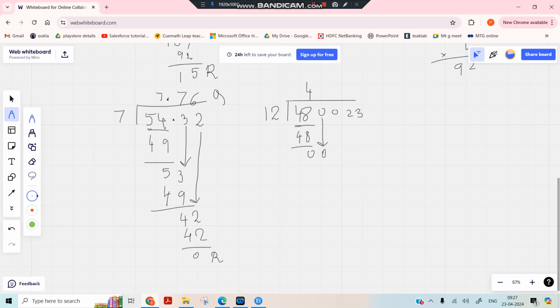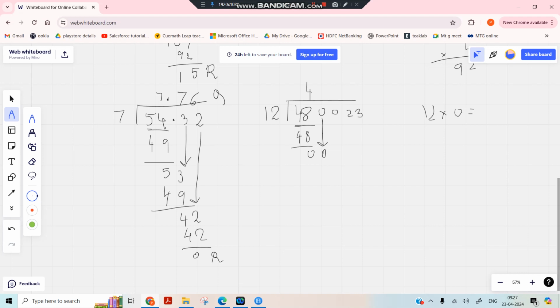I've also seen this mistake amongst many children, that whenever you have a 0 to divide with, they tend to bring down more zeros or the following numbers. No, we know that the first multiple of 12 is 12 times 0, which is 0.